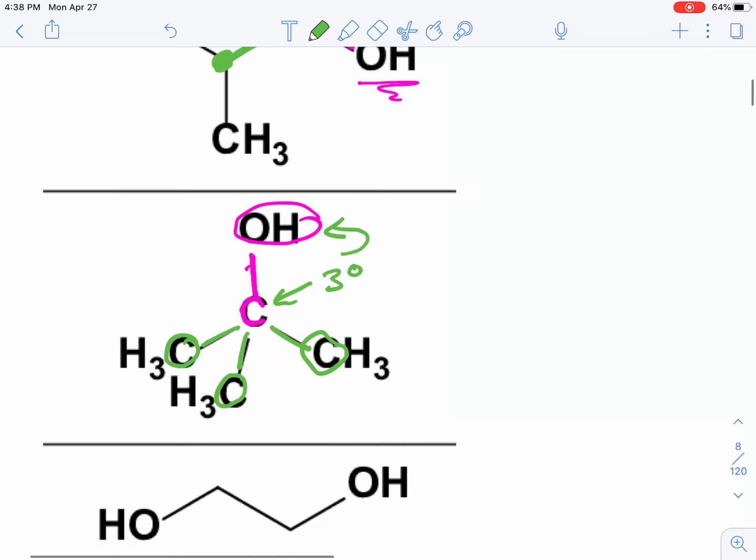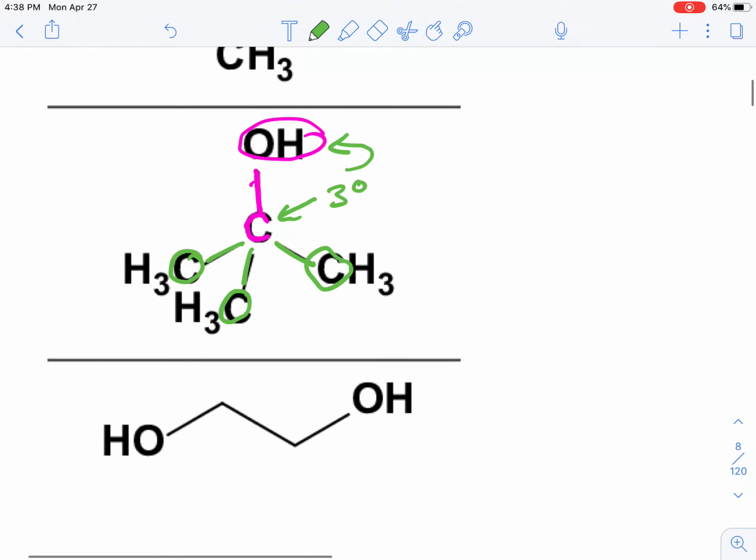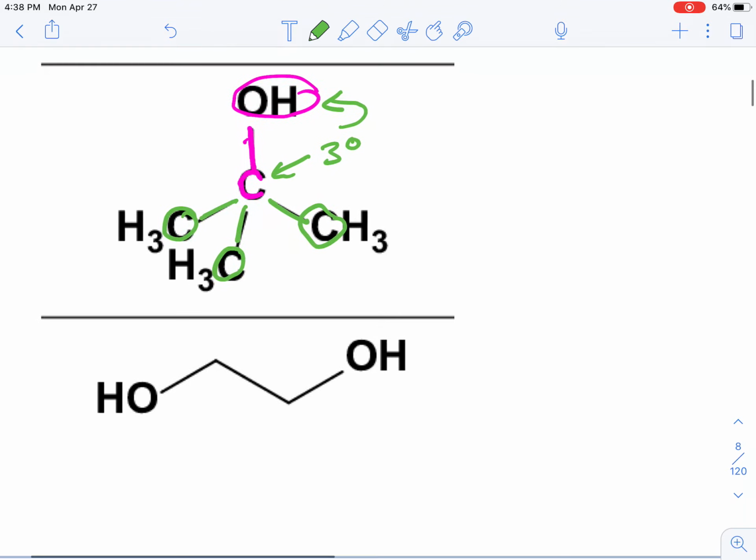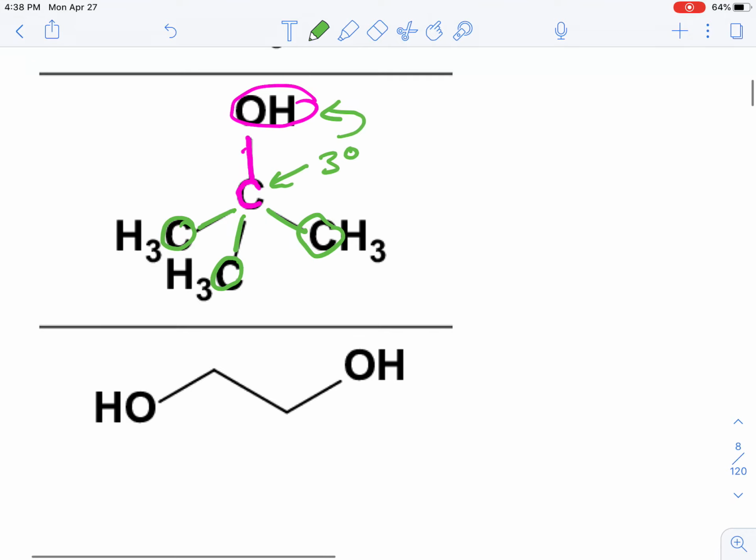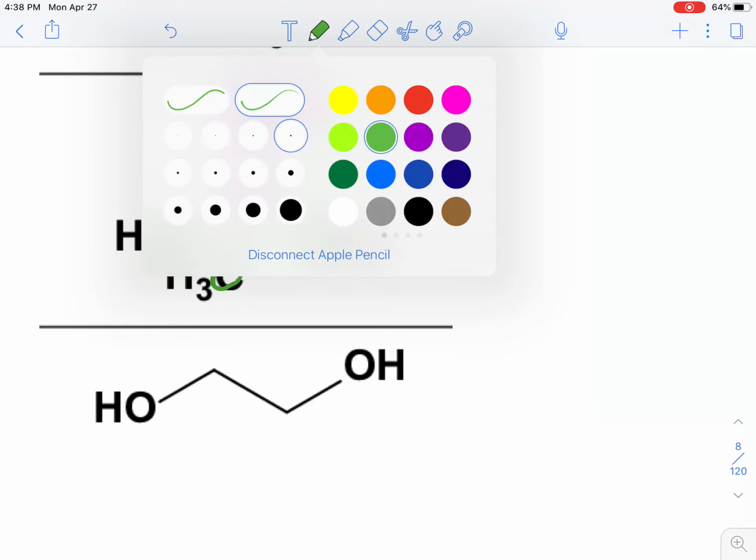Okay, all right, and so hopefully you guys get the trend on how to classify these alcohols. So go ahead and take a moment to classify the alcohols for both of these carbons. And so if you guys said primary, then you're correct.